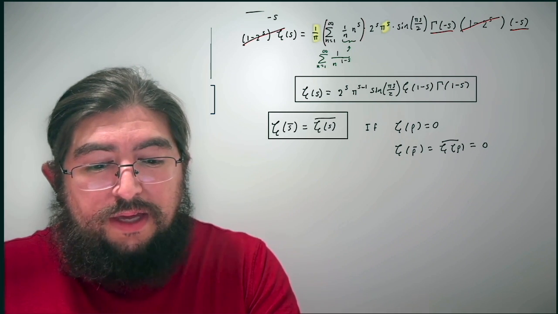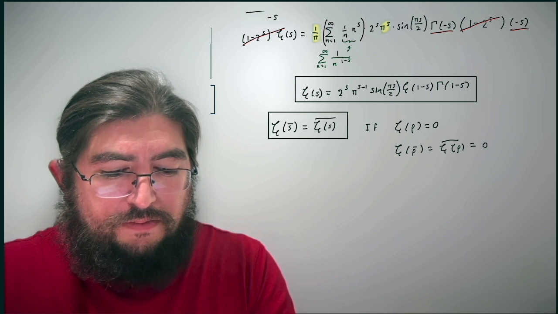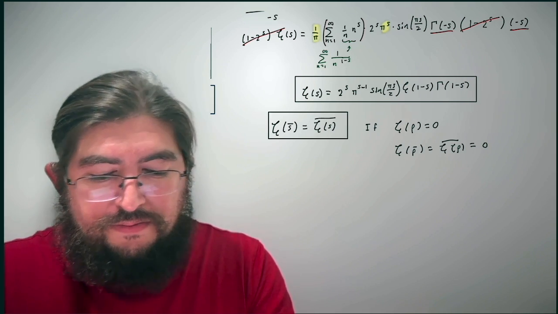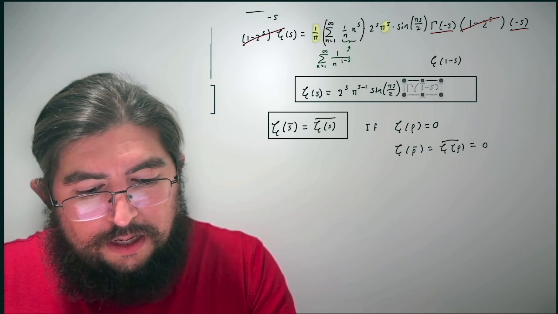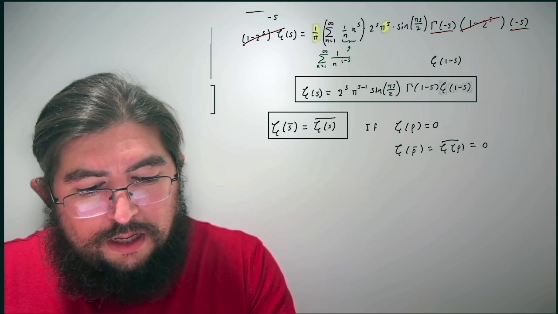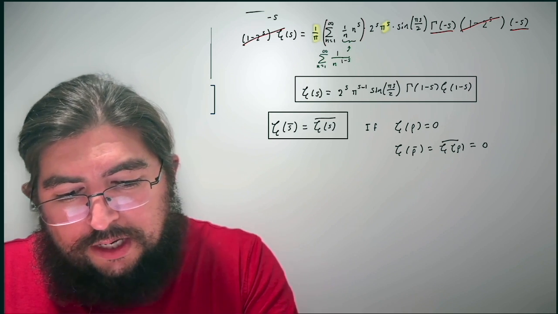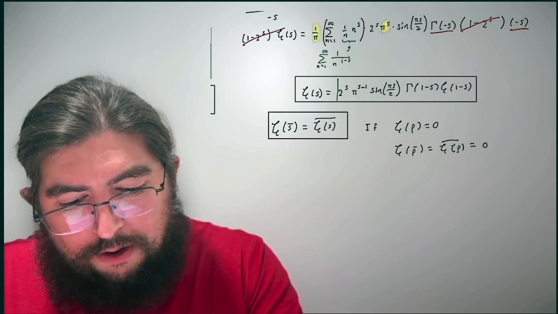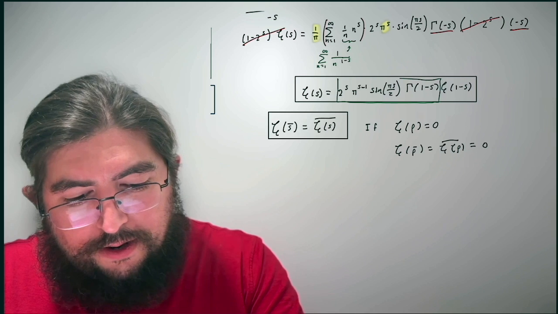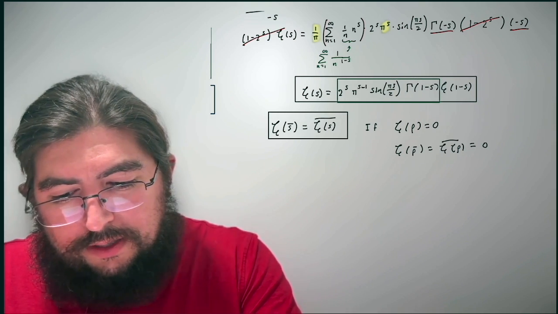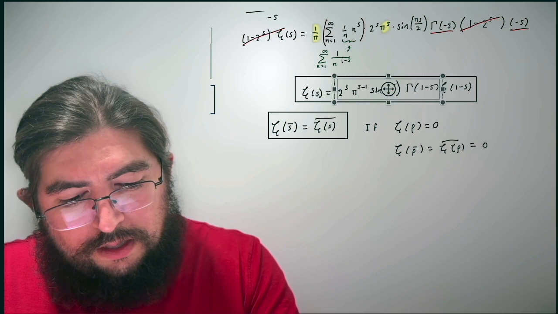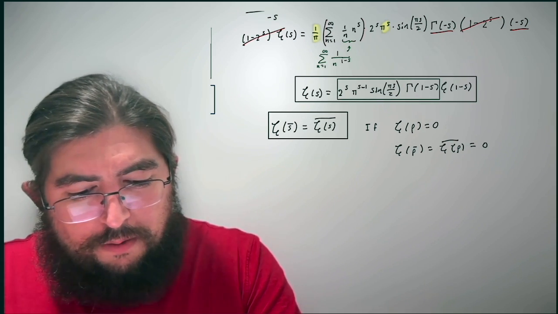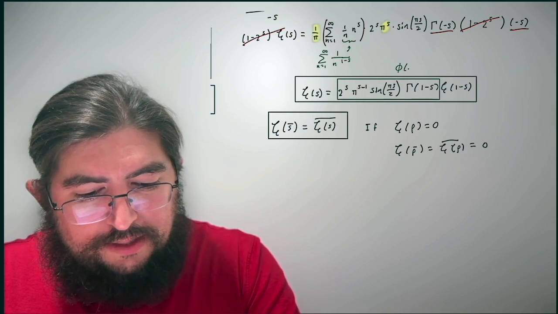And from the functional equation that we just found, I'm going to rearrange it. I think it's usually written like this. So what we can do is grab all this junk here and call it something else. It doesn't really matter what you call it, but I'll call it phi of s.